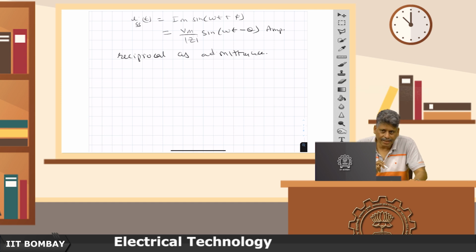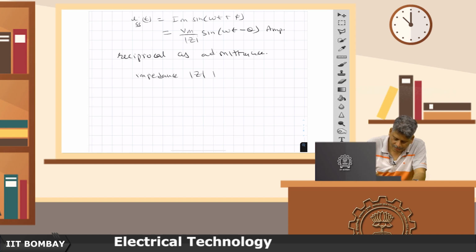To motivate this fact, I would also like to solve a parallel RLC circuit, but before that let me mention that the impedance, mod of Z, has unit of ohms.